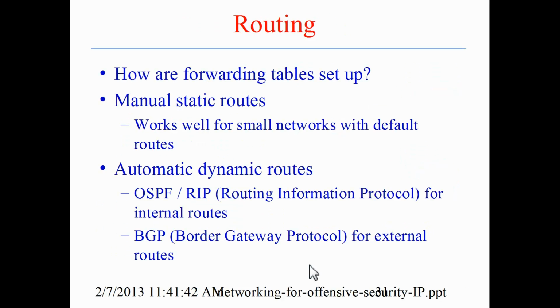So, as I said, forwarding tables can be manually set up, which works well in very small networks, or they can be coordinated with OSPF or RIP. Autonomous systems are effectively a group of networks on the edge of a network that route the internal traffic of that network around, as well as to external networks outside of that organization.